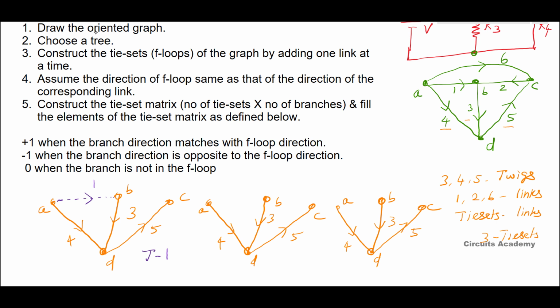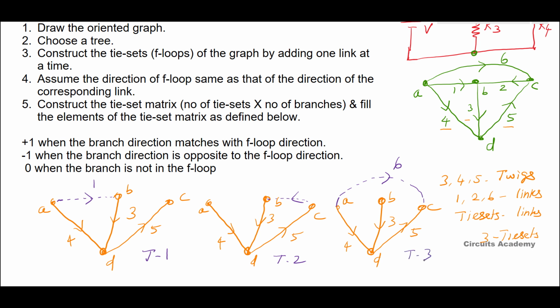Connect the link 2. So we get tie set 2. Similarly, by connecting link 6, we get tie set 3.